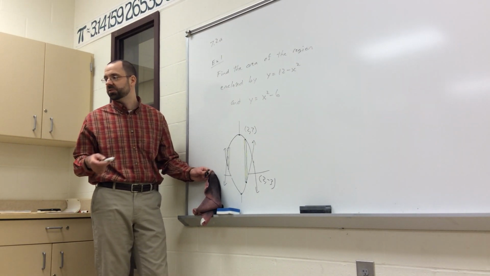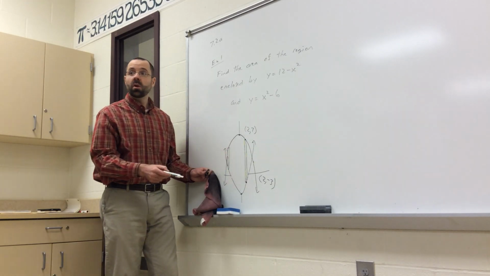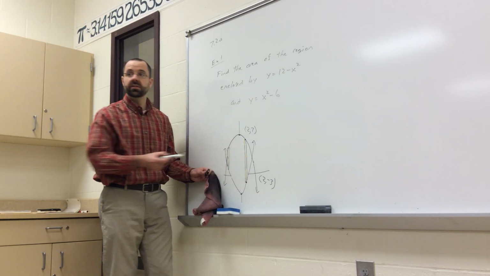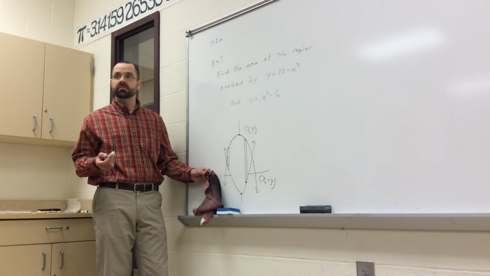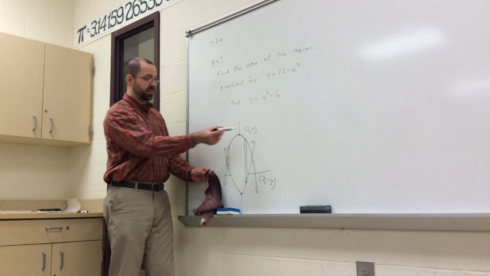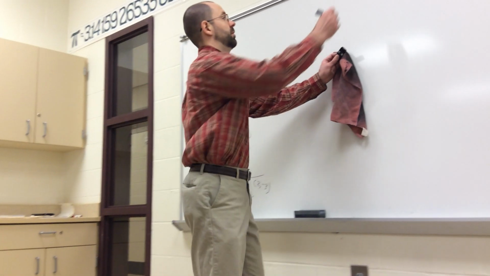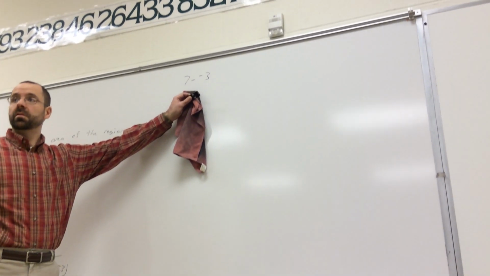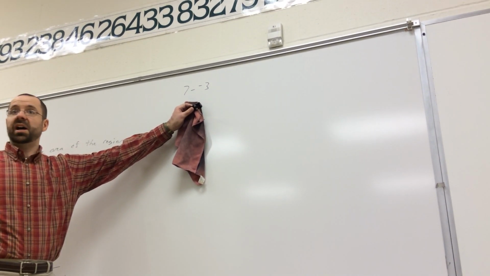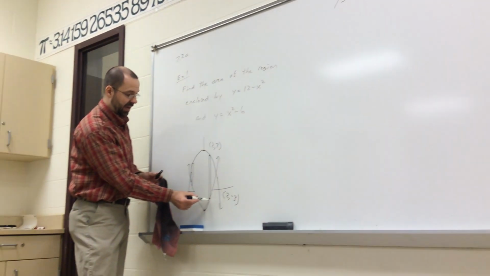Just making up some numbers for effect. All right, so if those are the points, what is the height of this rectangle? 10, right? So to get that, you could just take the 7 minus the negative 3. So the height of the rectangle is this y value minus that y value.